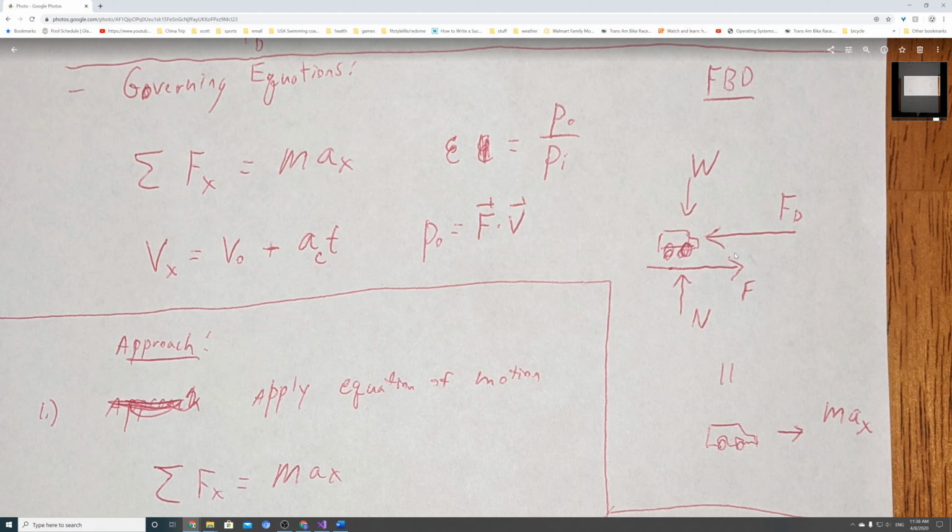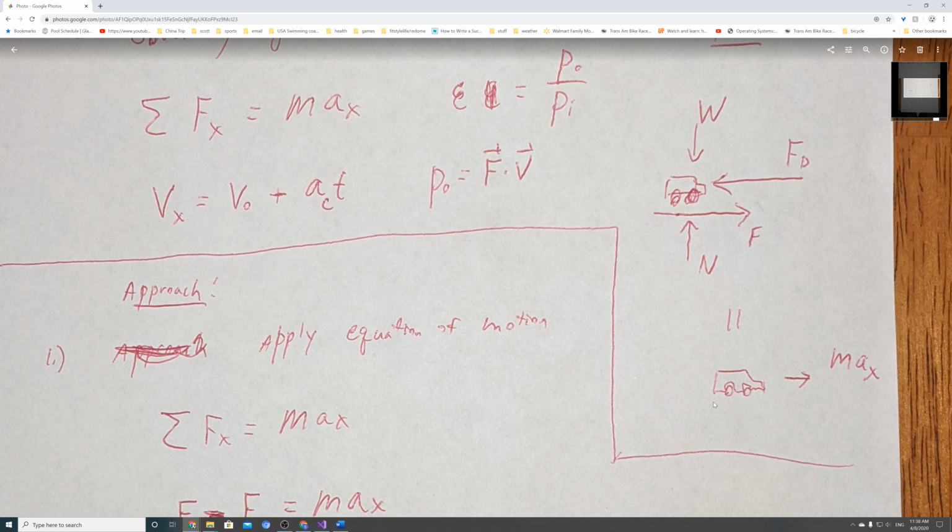We have a force of drag acting against the car and a force of the engine pushing it forward. We also have weight and a normal force, which we're not going to need because we don't have any rolling friction in this problem. And that's going to equal our mass times our acceleration.